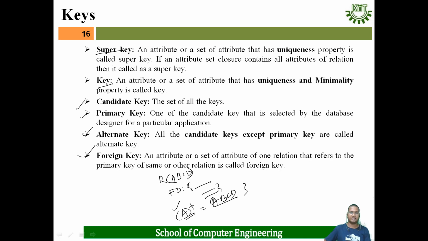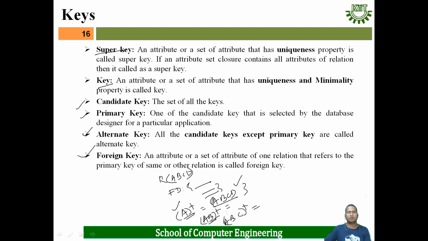Okay, suppose when A is a super key, AB will also a super key. ABC will also a super key. Okay, that means the closure of any attribute or set of attribute which derives all the attribute of the relation is known as super key.